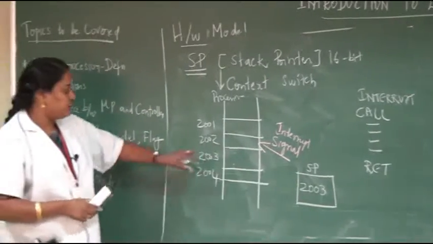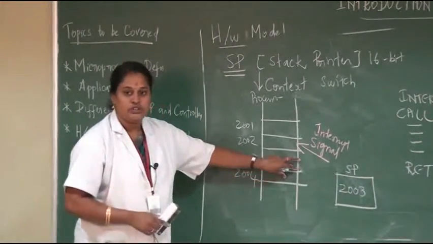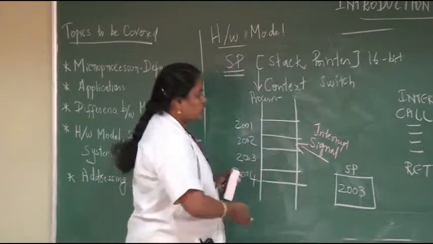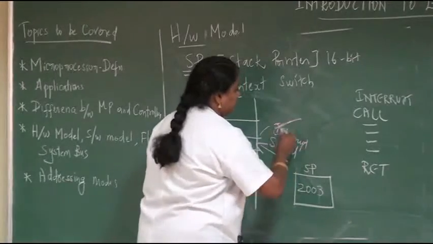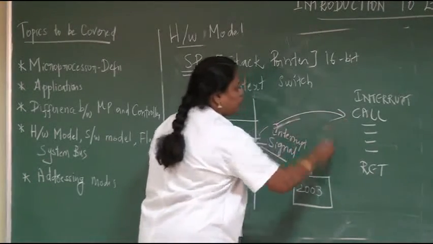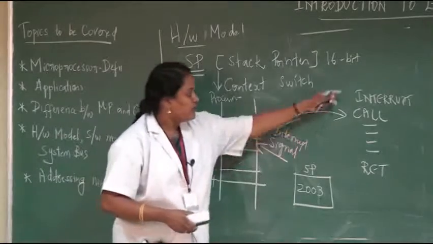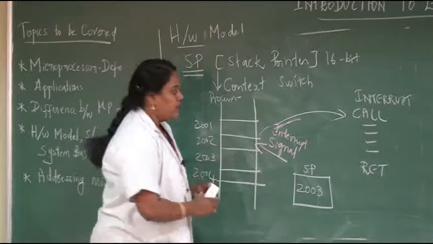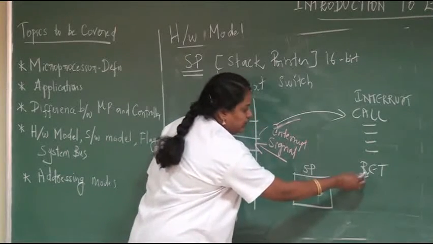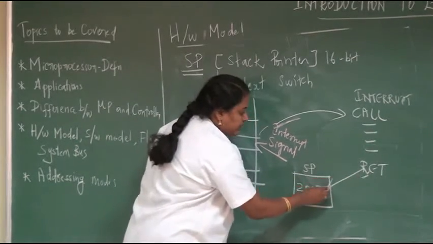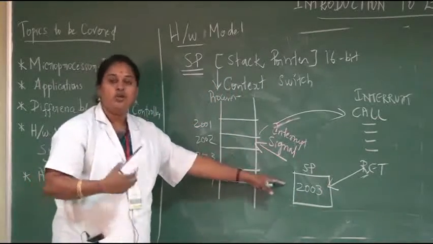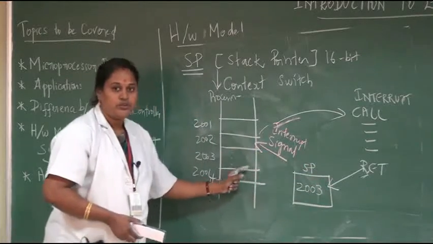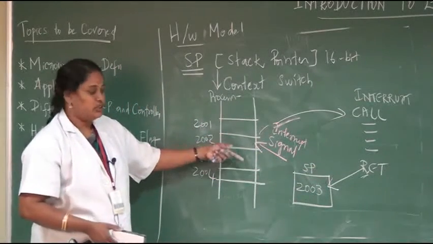The address of the next instruction to be executed by the processor when it receives an interrupt signal is stored in the stack pointer, and now the processor switches over to the interrupt call, attends to the interrupt problem, and returns to the original program using an instruction called RET. While returning, it refers to the stack pointer to continue its previous execution.